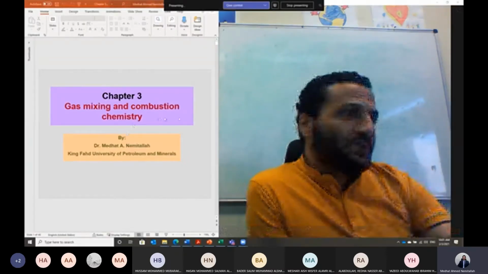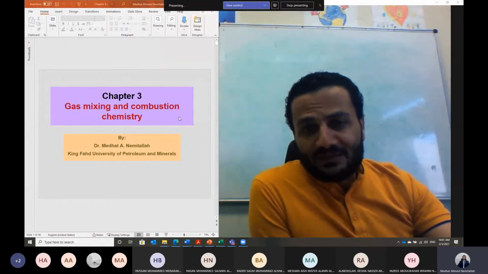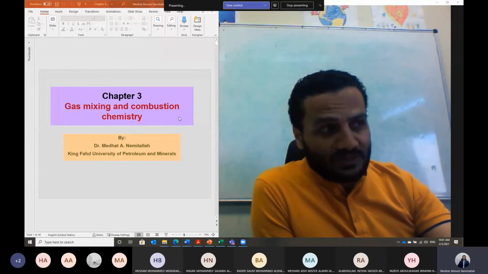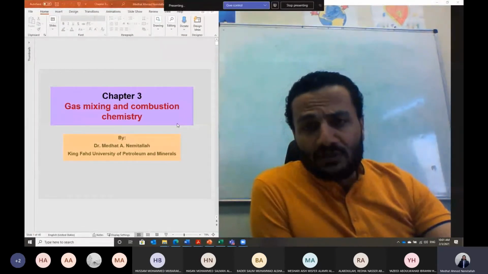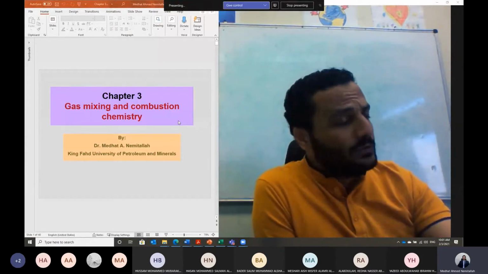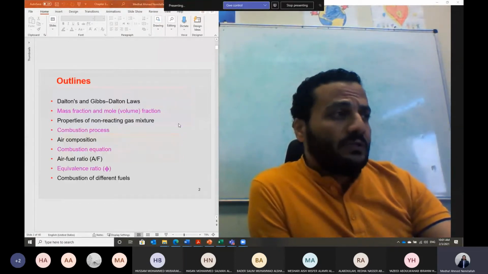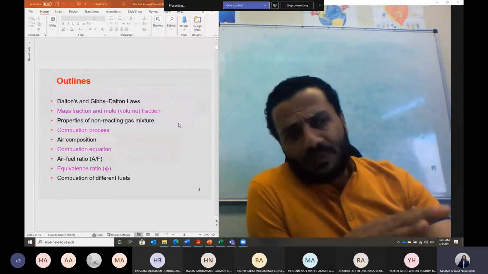Inshallah, this chapter, شباب, but before I proceed, don't feel panic. It's a simple combustion chemistry. So here, inshallah, we'll talk about the combustion equation and how to write down the combustion equation for any fuel, and calculate the air to fuel ratio, and calculate what's called the equivalence ratio. So inshallah, we'll consider the basic combustion.